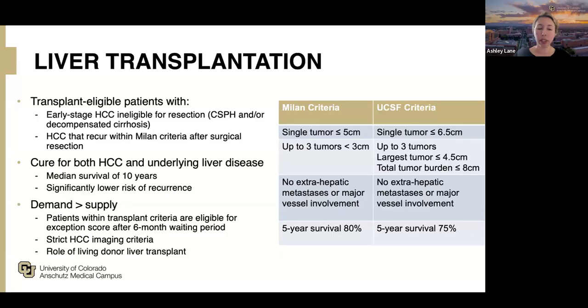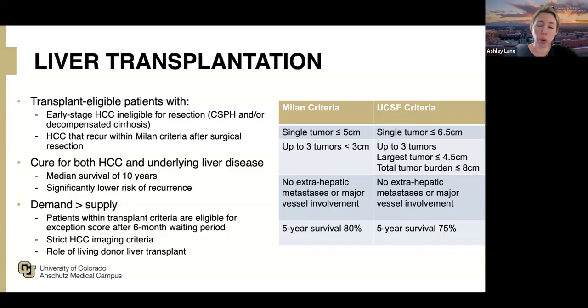As you know, the demand for organs far outweighs our supply. So for patients within transplant criteria who are eligible for an exception score, there is a waiting period, which I'll talk about, and a risk of dropout as they're waiting for organs. But there is what's called exception points or an exception score.